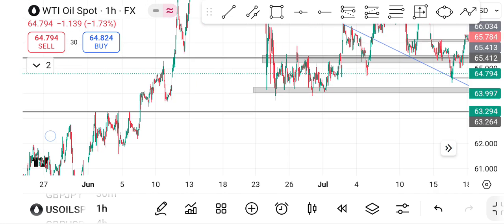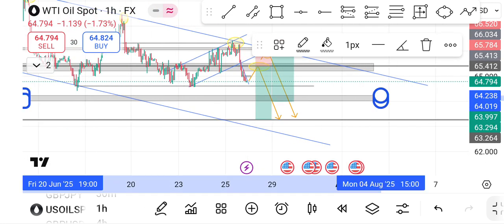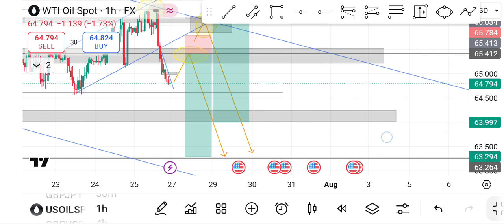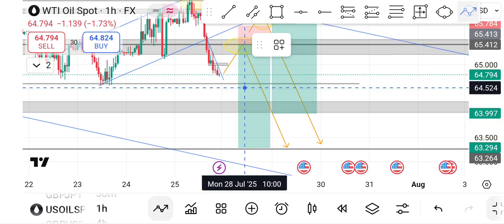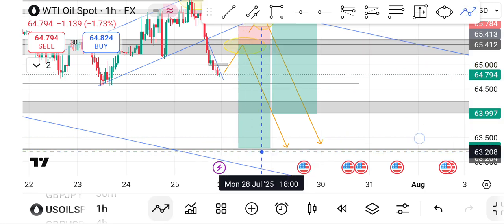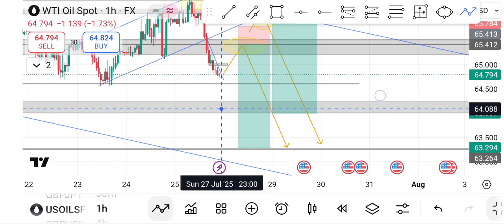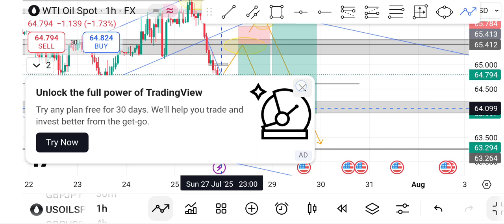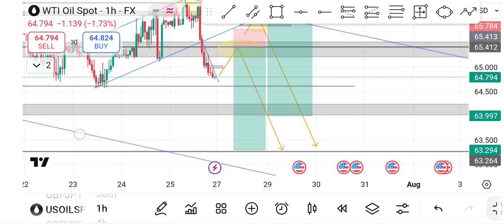But we are not going to forget that this area also has a lot of say if it's going to break out from there or not. So even if we want to put our take profits here, we are also going to put this place into perspective, because if the market does not break it, we are just going to exit before any other crazy thing happens. So that is that for US oil.